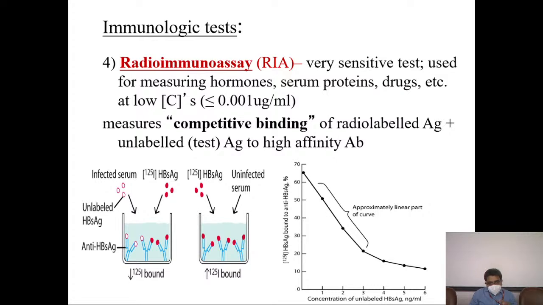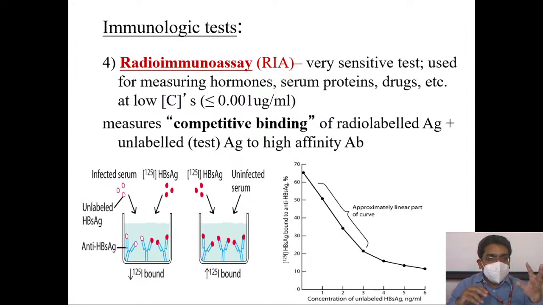It's not the antigen; HBs antigen is an antigen, and the antibody against the HBs antigen is for hepatitis. Don't see it as AG for antigen, it's an antibody, anti-HBs antigen, so don't confuse it. We have antibody against the HBs antigen bound at the bottom. Now there are two types of thing.